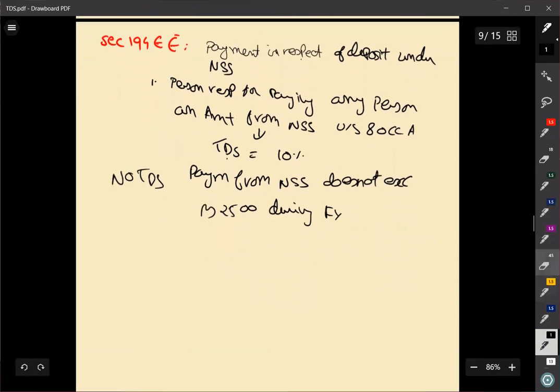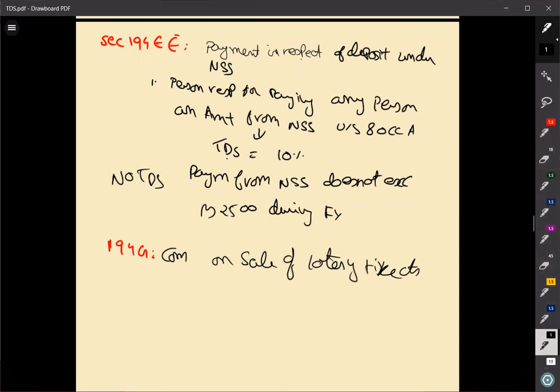Then the next section is also very simple, section 194G. What is 194G? Commission on sale of lottery tickets. If any person who is selling lottery tickets gets any commission, then 194G says TDS is compulsory.